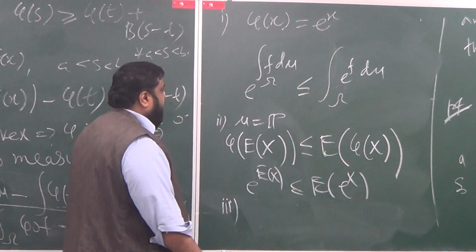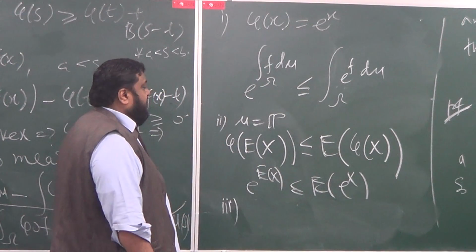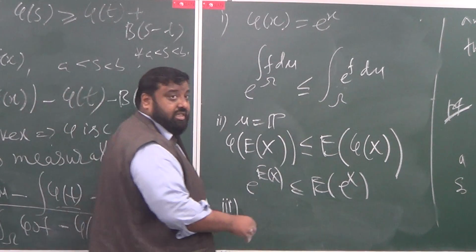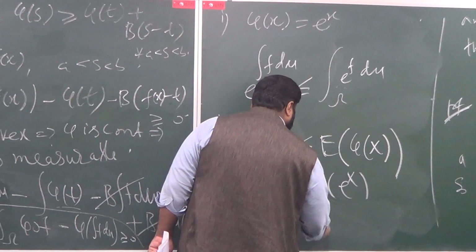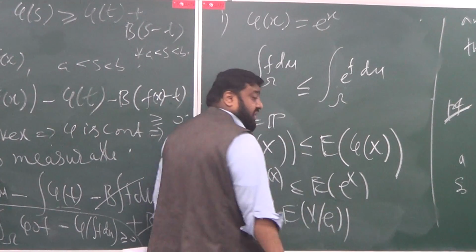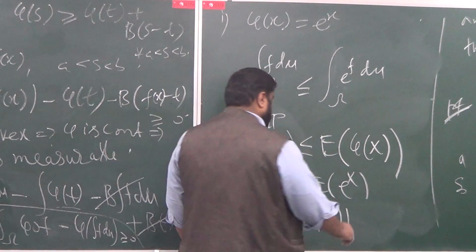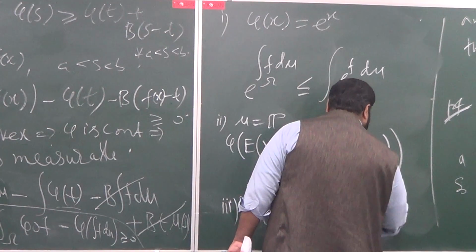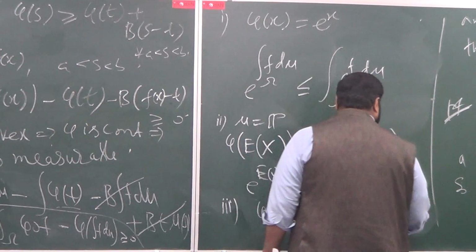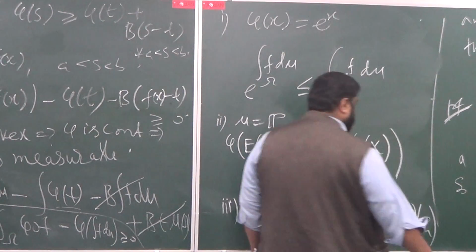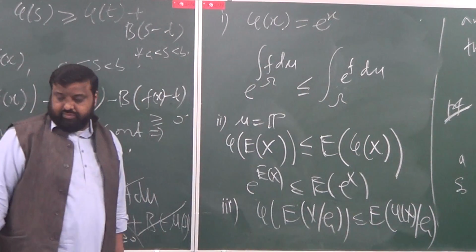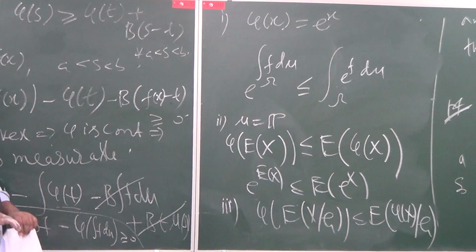By the way, give it a thought: a similar kind of inequality is even true for the conditional expectation. So in other words, phi of the expectation of x given g, if g is some sigma field, is less than or equal to the expectation of phi of x given g.